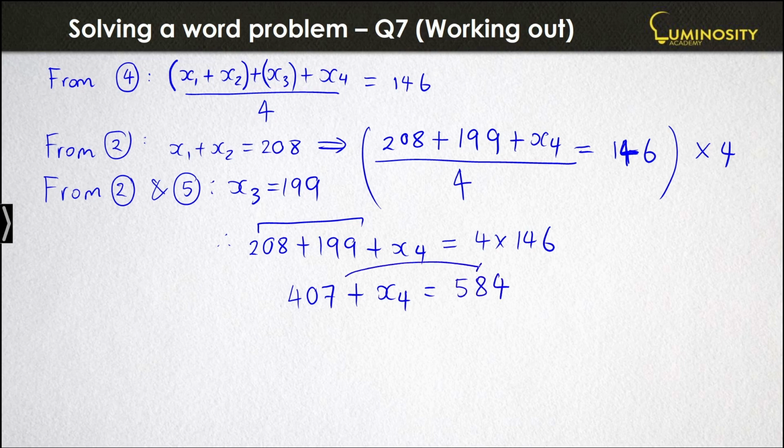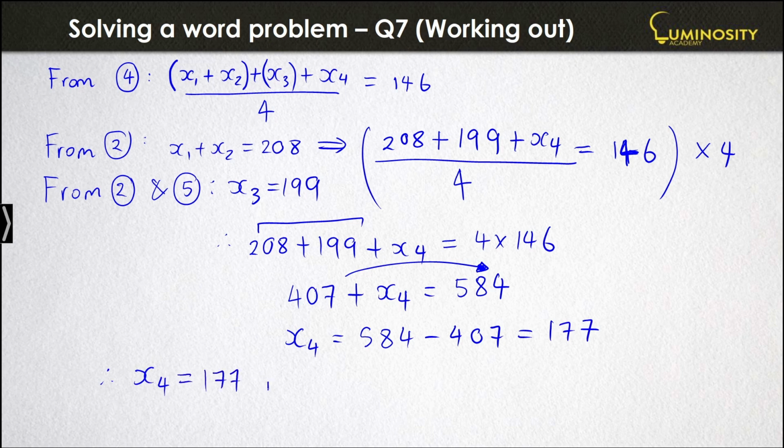So now I subtract both sides by 407, and I therefore get x4 equals 584 minus 407, and that gives me 177. Therefore, Kaylin would need to score on her fourth game 177 points to have a total average of 146 points amongst all 4 games. All right, if we put this in, we will see that the solution is correct.